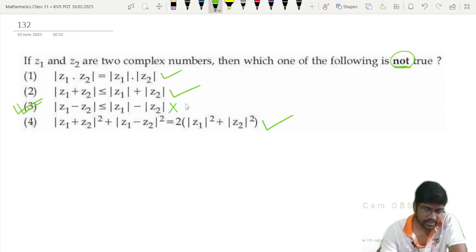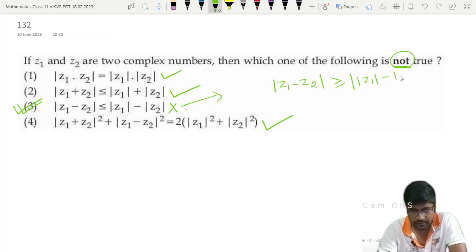Now what will be the correct form of option 3? That relation we know: modulus of Z1 minus Z2 is greater than or equal to modulus of mod Z1 minus mod Z2. I think this was the correct relation.